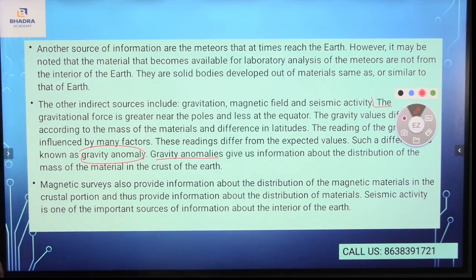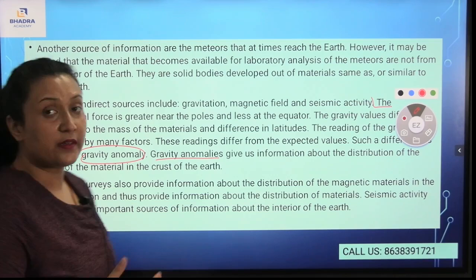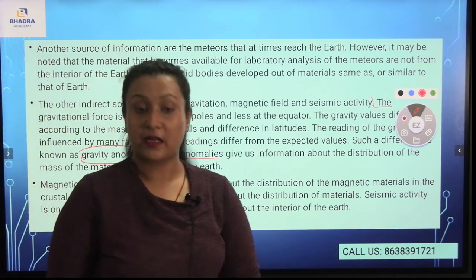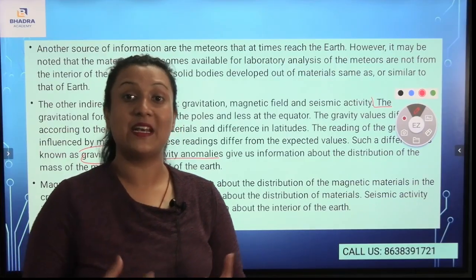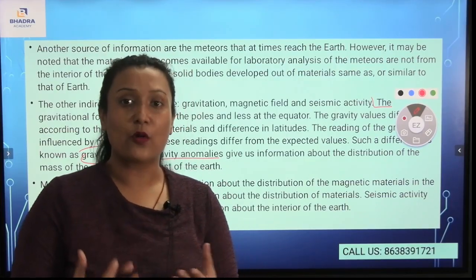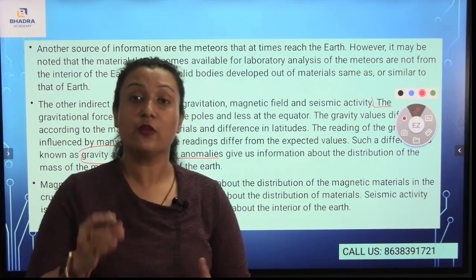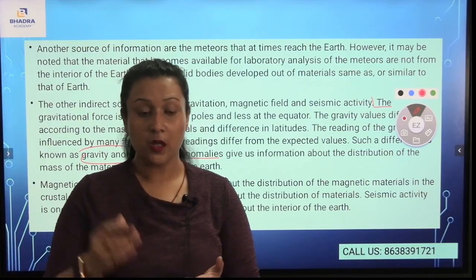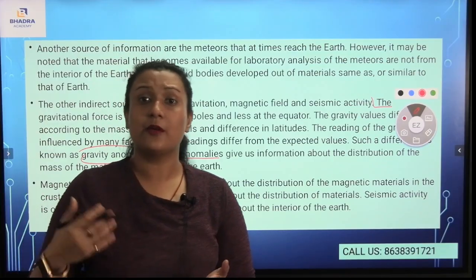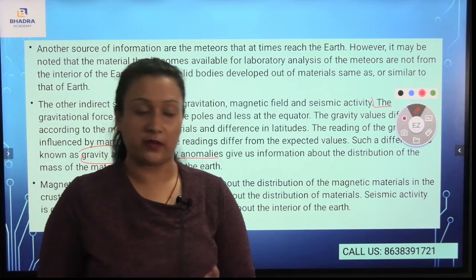Here you see magnetic surveys also provide information about the distribution of the magnetic material in the crustal portion, and thus provide information about the distribution of material. Seismic activity is one of the important sources of information about the interior of the earth. With the help of magnetic surveys, we come to know about the occurrence of natural calamities, and with the help of seismic activity, we can understand the coming of a tsunami or an earthquake.